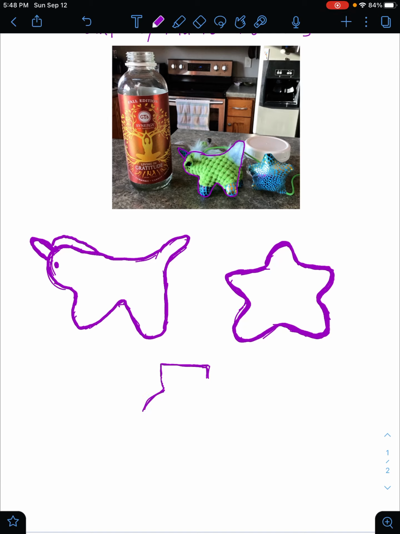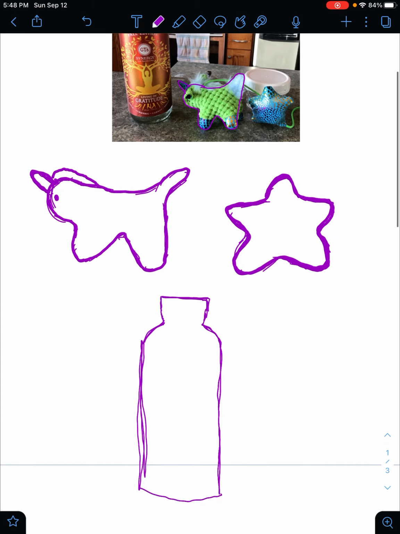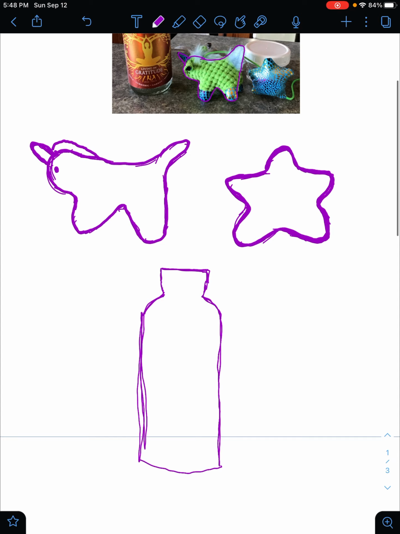I am just going to simplify that to its general shape. Conceptual. I need the concept of a bottle, a unicorn cat toy, and a star cat toy. That's it. I'm not looking for picture perfect reality.